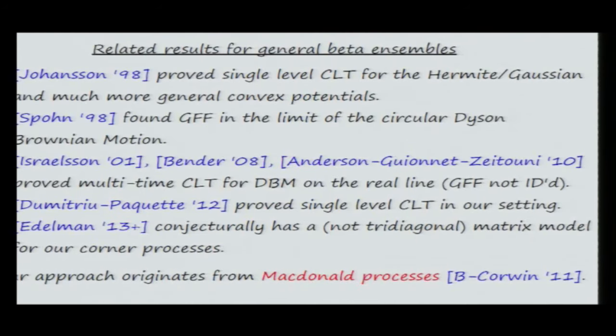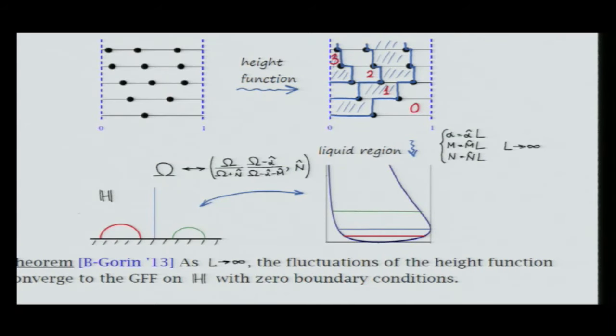So this result certainly has been approached from different angles by different people. First of all, Kurt Johansson has a brilliant paper where he proves the Gaussian fluctuations with an explicit covariance structure on a fixed line.